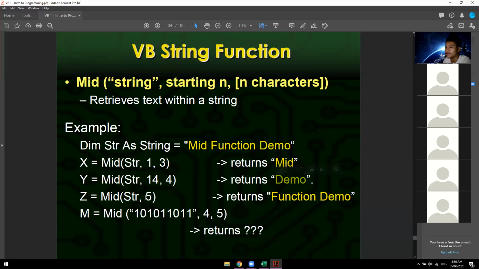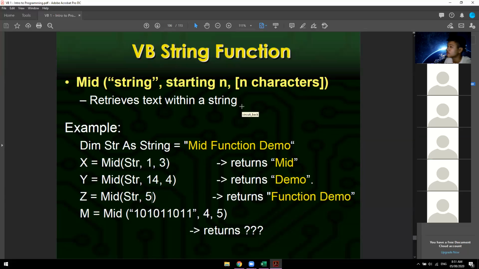Ito isa tong trick para kung saan ka nag-stop, i-retrieve mo na yung kung ilan man yung natira. Ang papansin ninyo, ang nilagay niya lang dito is yung starting end. Hindi niya nilagay kung ilang characters yung gusto niya i-retrieve. Kung gusto niya i-retrieve lahat after that point or after that character, ito yung gawin niyo.